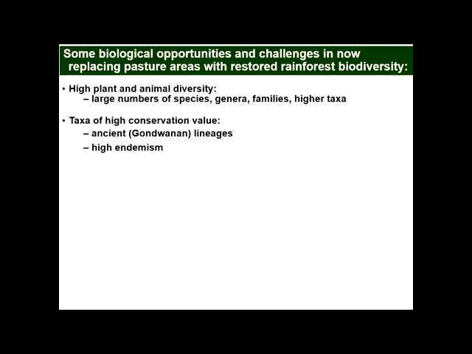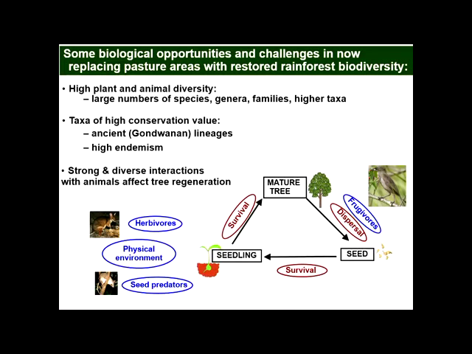The high diversity of plants and animals is an opportunity, as there's a lot of Australia's diversity in these systems, but it's also a challenge to be able to restore that diversity in the system. And we're also dealing with taxa of high conservation value, in that they're representing ancient Gondwanan lineages and endemic species.